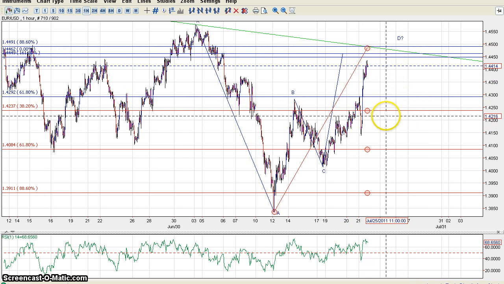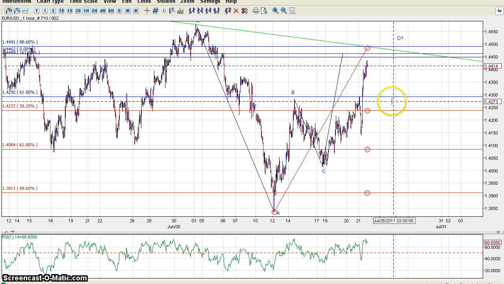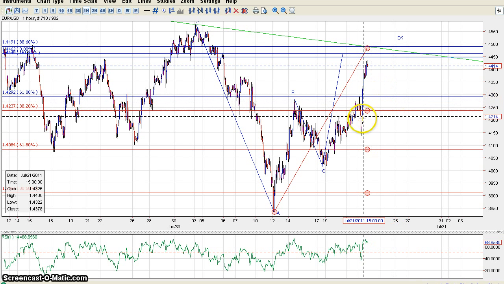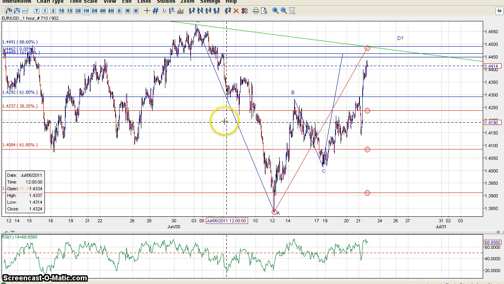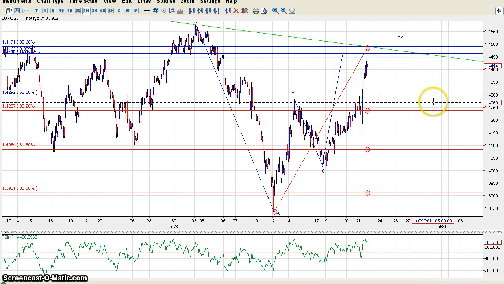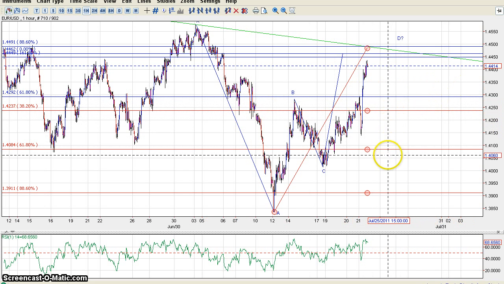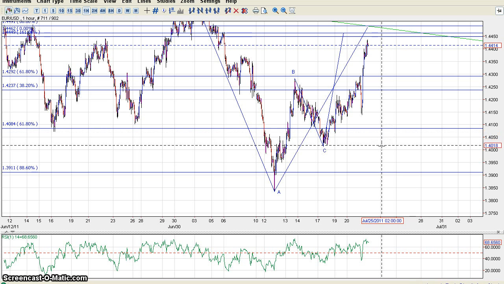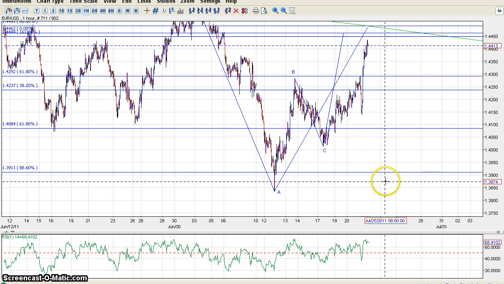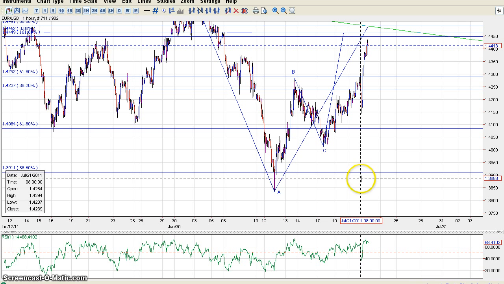That's three price levels. If price closes below that trend line, below this B point, and below the 38.2 retracement, which is 1.4237, the next target will be 1.4084. Now ultimately, if price closes below the 88.6 retracement, which is 1.3911, then there's more room to the downside.